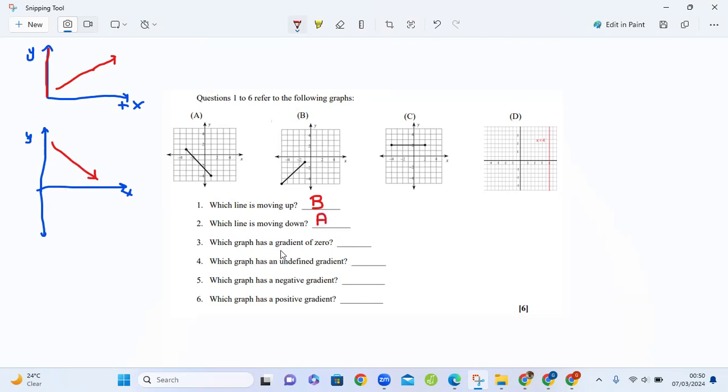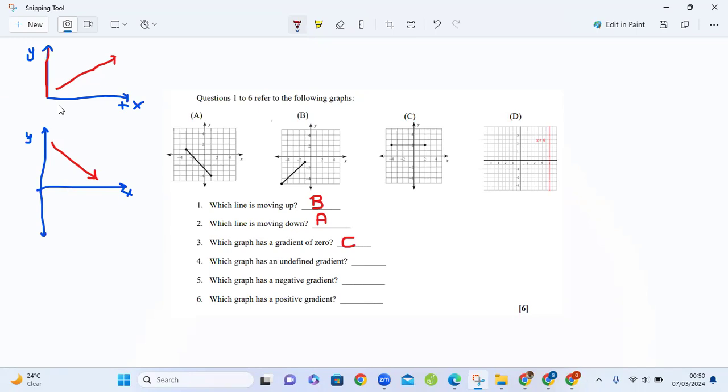Which graph has a zero gradient? The graph that has a zero gradient is C. The reason for that is because the gradient shows you how the y is behaving. This line has a positive gradient because the y is going up. X is always increasing from left to right.